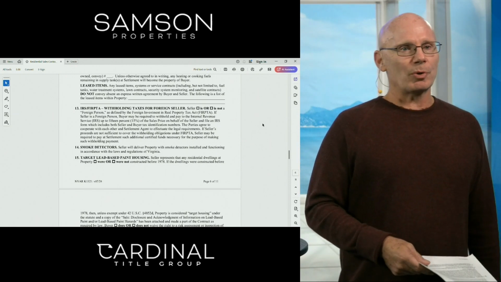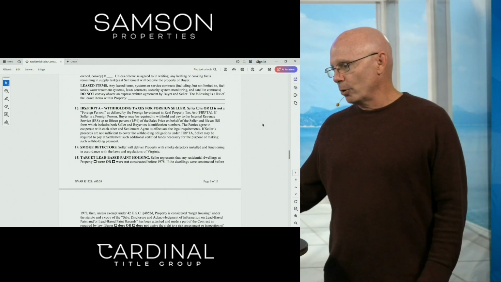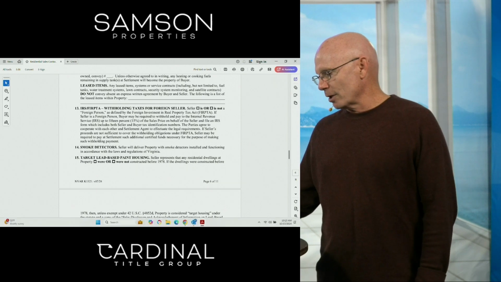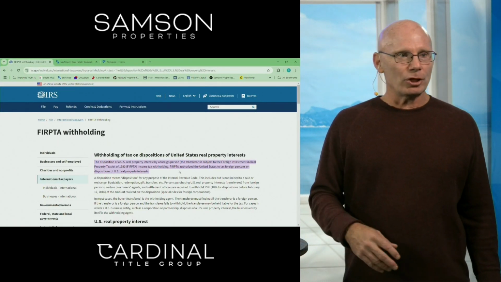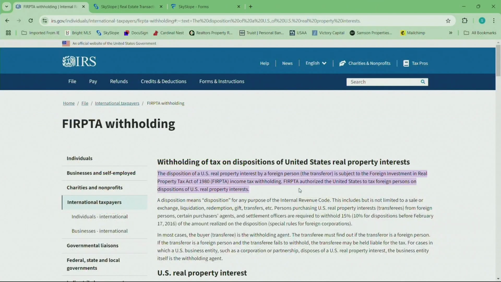If you have any questions regarding FIRPTA, I pulled it up. It's easy to find information on FIRPTA. The IRS website has lots of information regarding requirements.